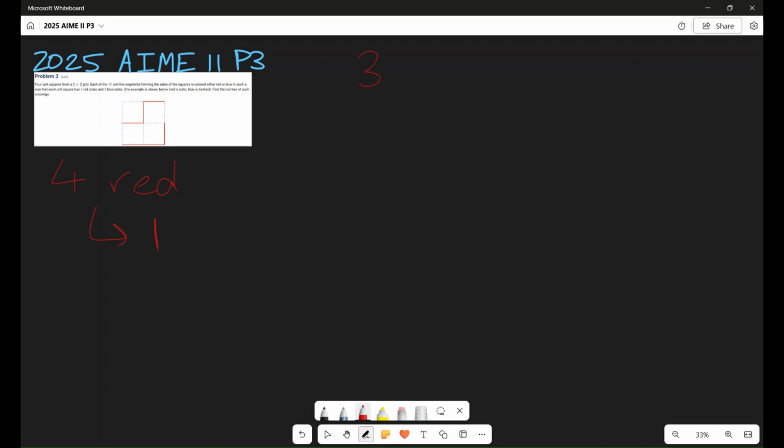Now, if we have 3 red edges, well, there's 4 ways to choose which 3 of the inner edges are going to be red and which one will be blue. Now, let's draw our grid for a bit more clarity. So we just have the inner edges here, and we know that these edges have to be blue, so the top squares are both satisfied.